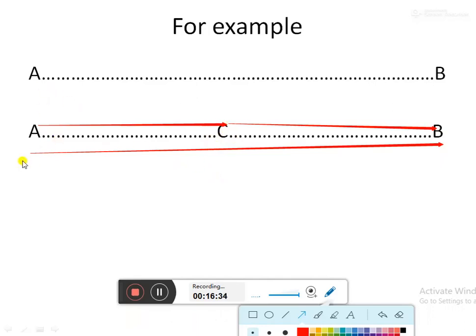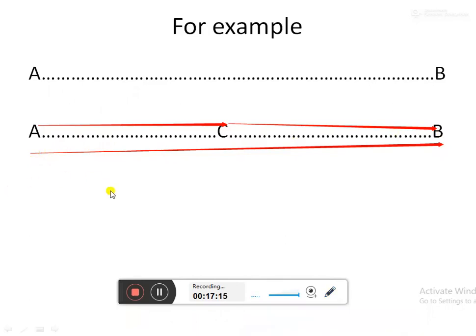So to draw a line that represents the minimum distance between point A and point B, given that there is a point C that lies on that line, we need to draw the shortest line between point A and C, and after that a line that represents the shortest distance between point C and point B. Only in that case can we draw a line between A and B that represents the shortest distance.